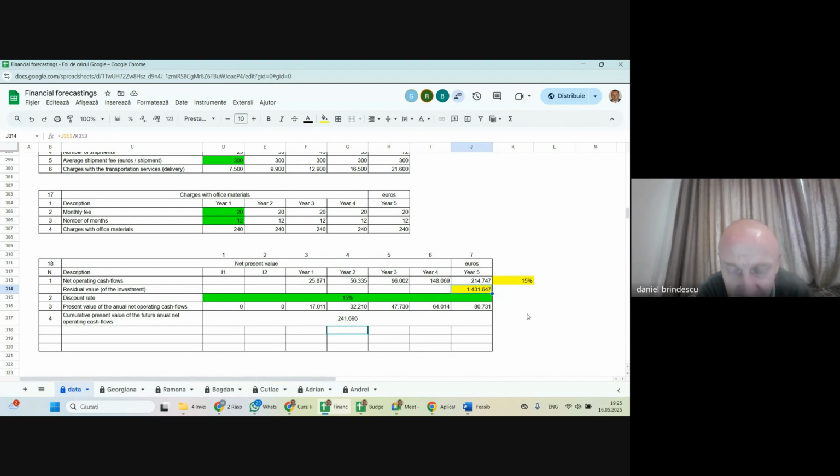In such a case as our own, with startups, I would simply use the net accounting value. So the gross value of the infrastructure at the end of the fifth year, less the accumulated depreciation.